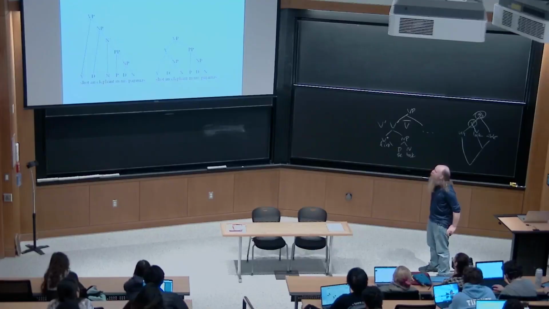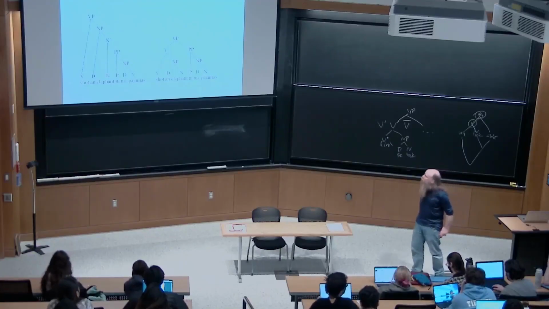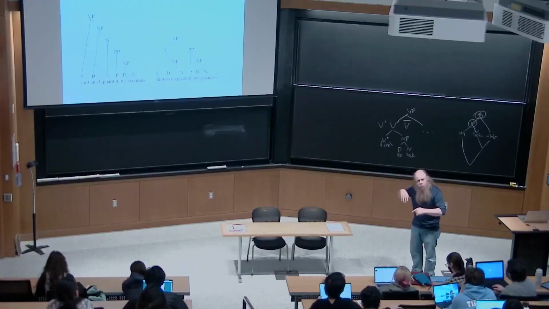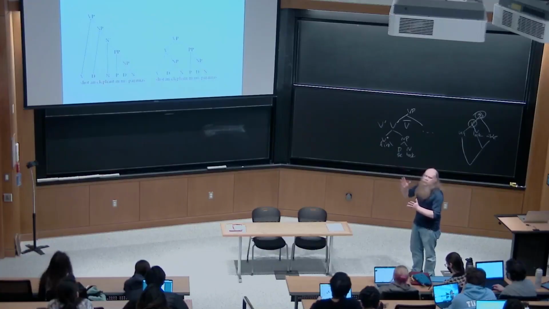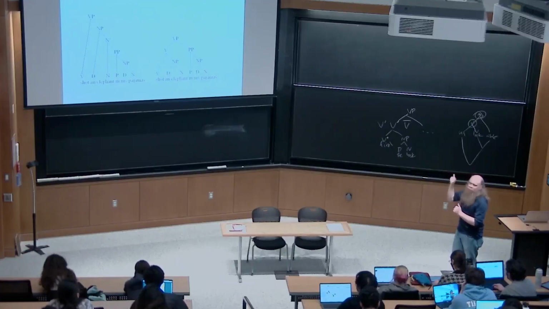Right now, what we have is just a grammar that predicts that it could mean either of those things, right? That prepositional phrase in my pajamas can be merged in a couple different places, and the consequence is that it could mean a couple different things. You're absolutely right that the tree on the left is prettier than the tree on the right. And people who work on how people deal with ambiguities like this in real time, sort of processing, develop theories about where the preferences are for where prepositional phrases should be attached in a place like this, whether there's a preference for trees like the tree on the left or trees like the tree on the right.